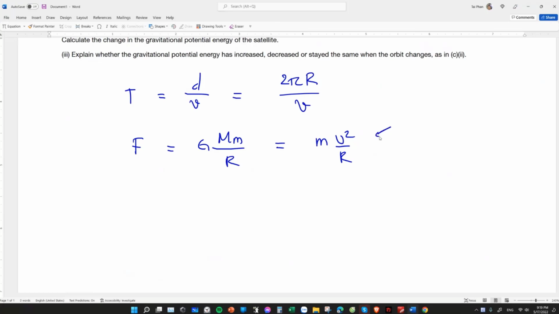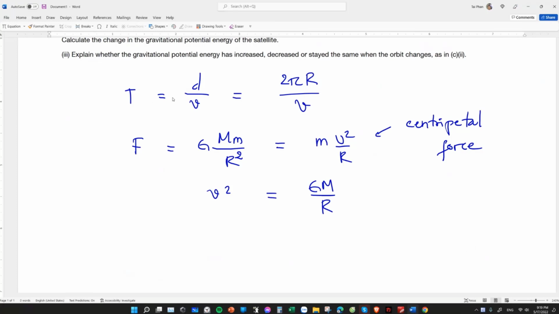This step, writing this equation, is very common for this topic. So from this equation, we get v squared equals G M over r.